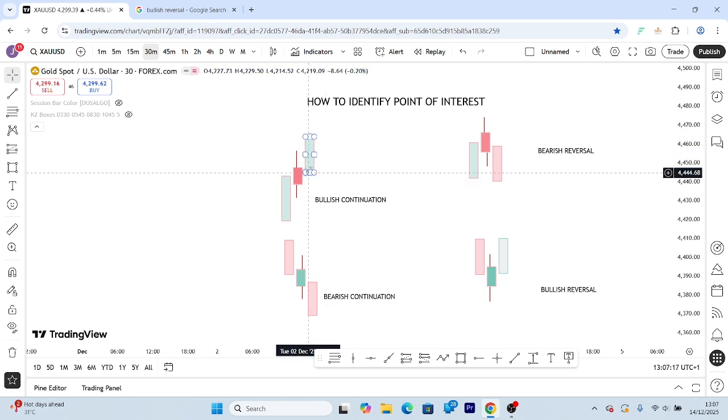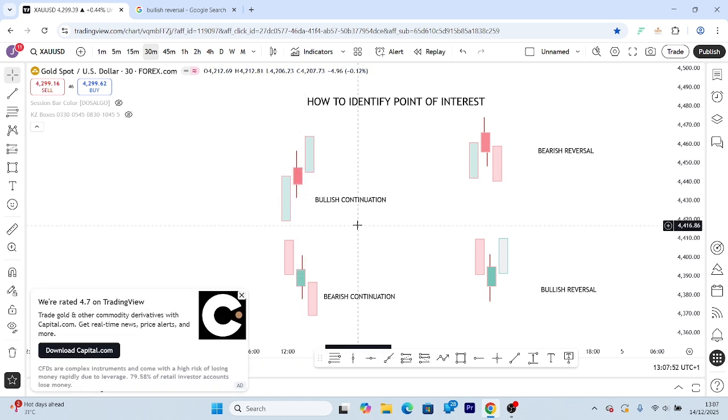So the longer the candle, the better. And also, the smaller the candle that is formed at the second candle, oh my God, the better, right?